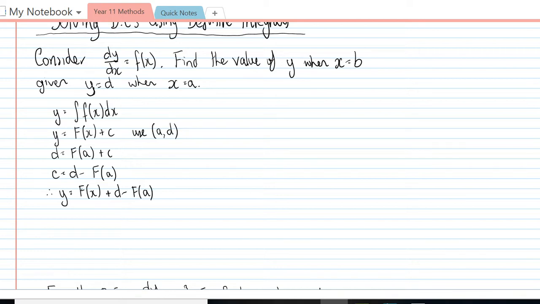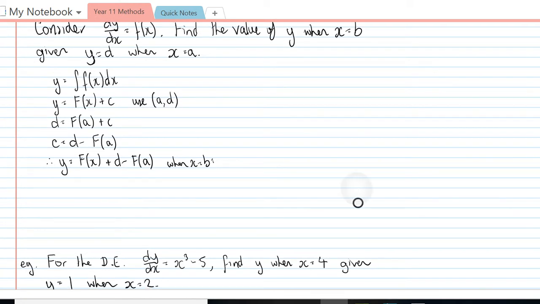But then what we're looking to do is find the value of y when x equals b. So when x equals b, sub that into the equation and we'll get y equals F of b. Now I'm just going to change the order slightly because all we're doing is adding and subtracting, so I might write it as minus F of a and then plus d.